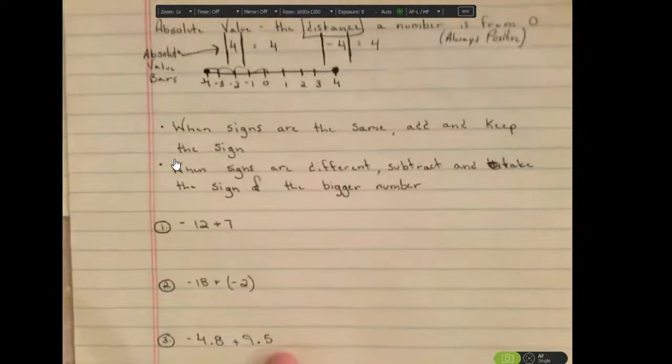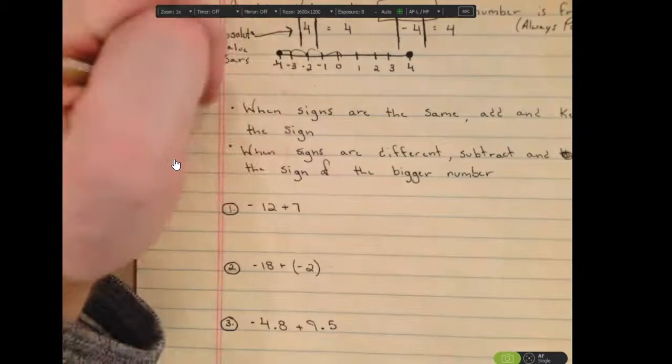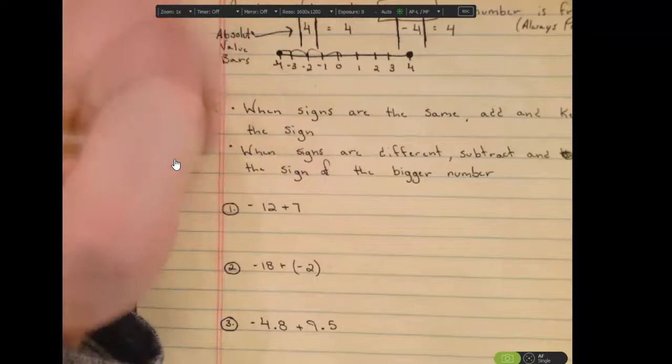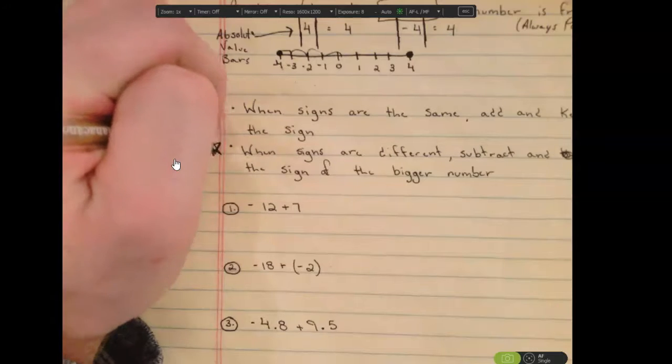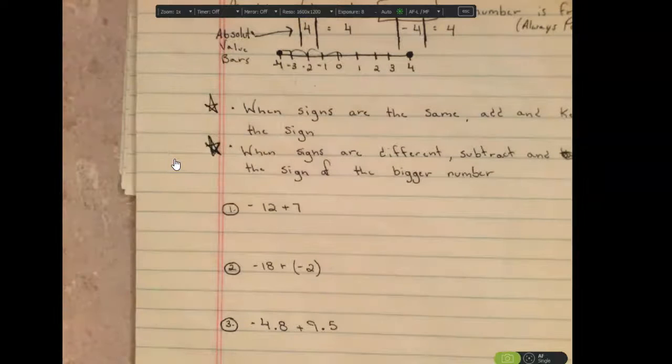All right, let's move ahead. We don't have very much left, so I have a general rule of thumb for these next couple of problems, and these go along with adding and subtracting real numbers. This time we don't need a number line, but if it helps you solve these, by all means.